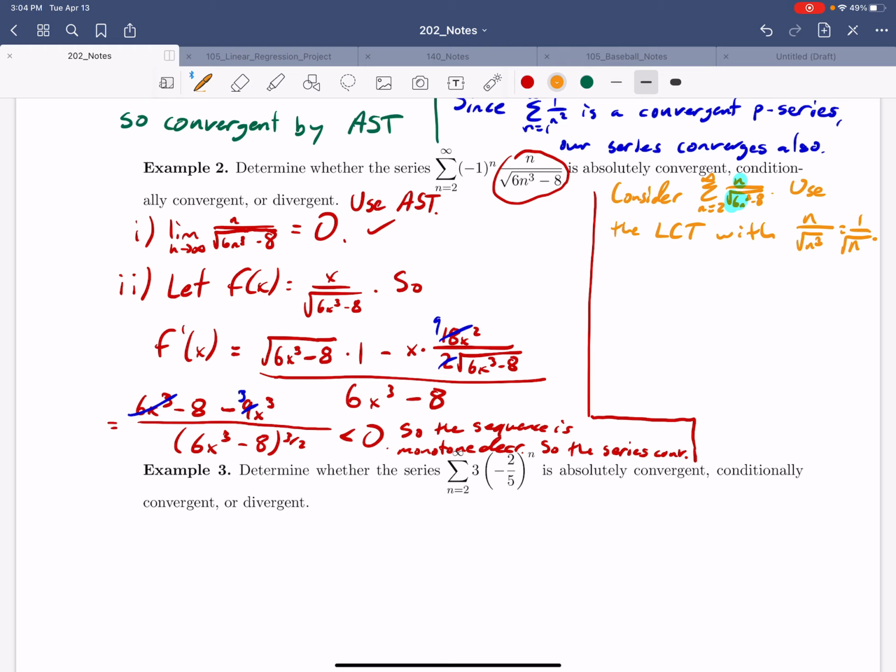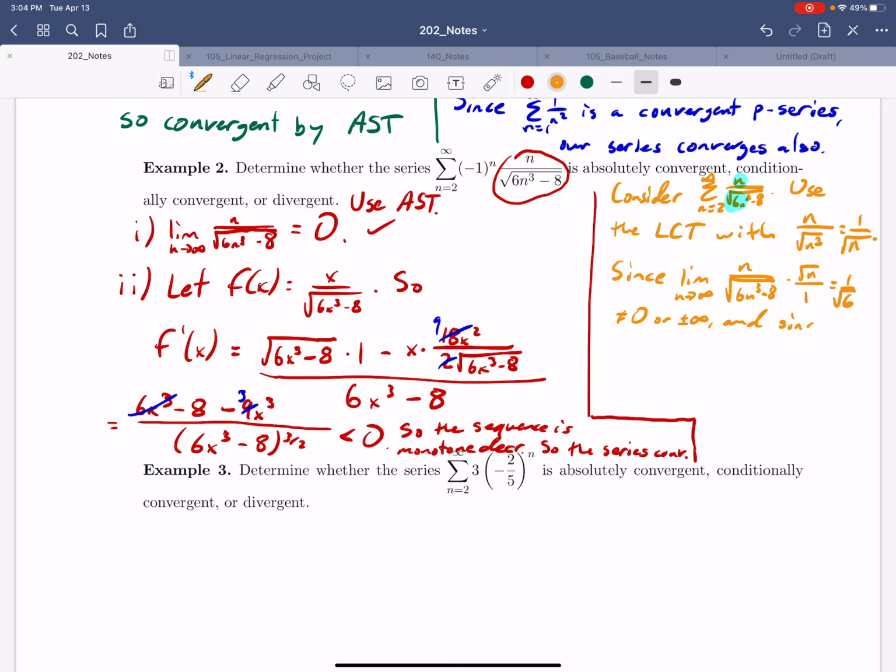Since the limit as n approaches infinity of our term divided by this other term equals 1 over the square root of 6, do you see that? n times the square root of n is n to the 3/2, and that's the same degree up here as it is down here. So we're just left with 1 over root 6, which is not equal to 0 or plus or minus infinity.